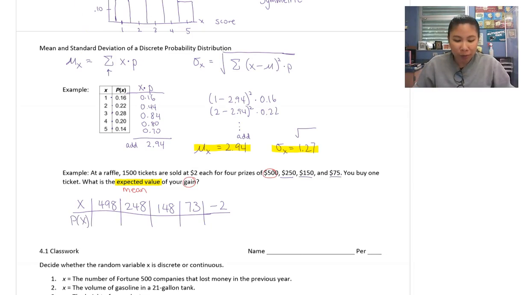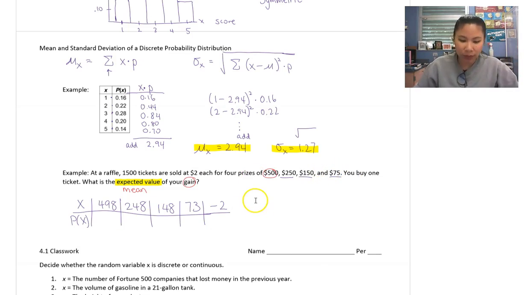All right, so for our probabilities, it says there are 1,500 tickets sold. So the total number of tickets is 1,500. There are 4 prizes, meaning there's 1 ticket where you win $500, 1 ticket where you win $250, 1 ticket for $150, and 1 ticket for $75. So if 4 of the tickets are winning tickets, how many are not winning tickets?